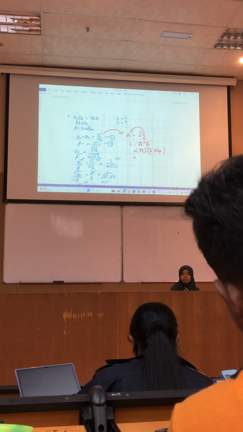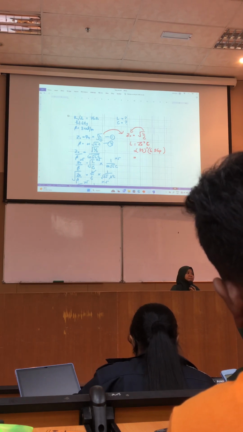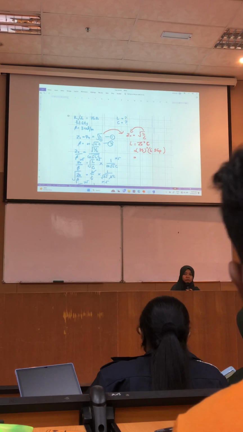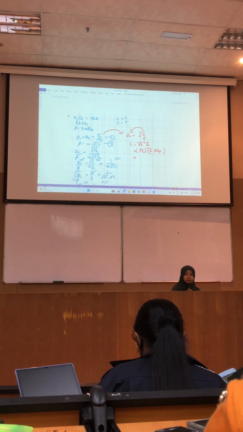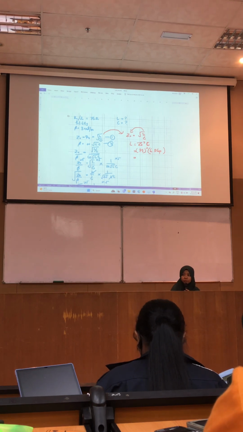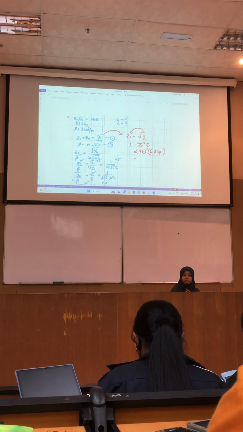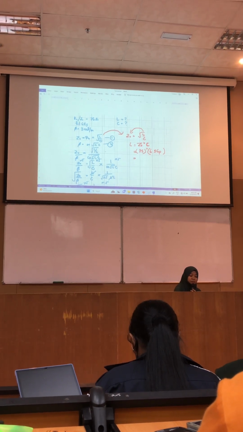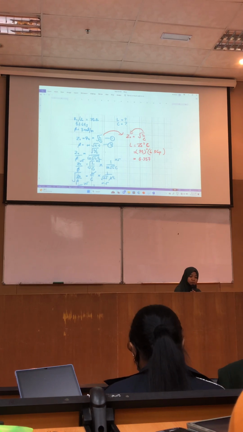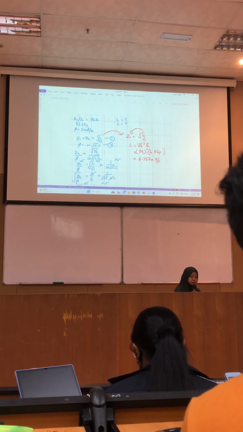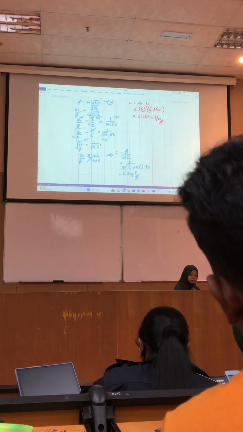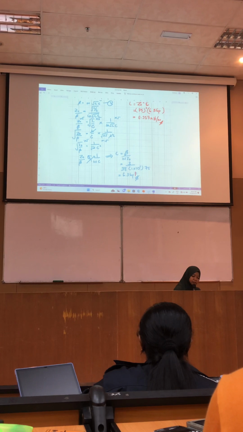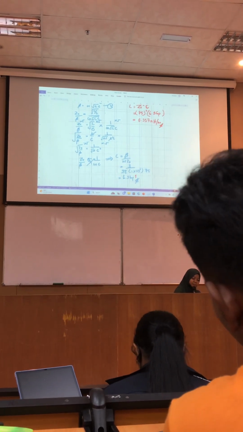How much did you get? You need to bring a calculator. 0.357 times 10 to the power of negative 9, so nano. The unit for the inductor is Henry per meter, and for the capacitor Farad per meter.